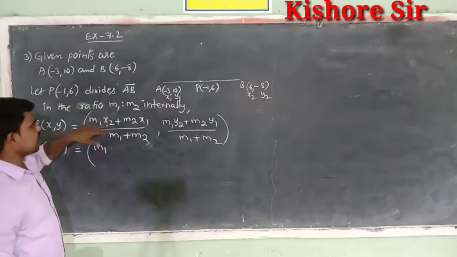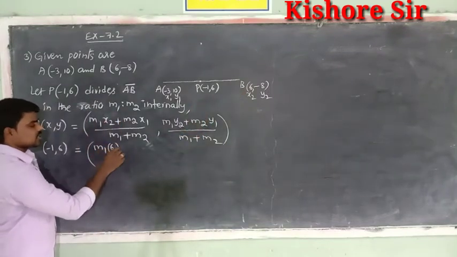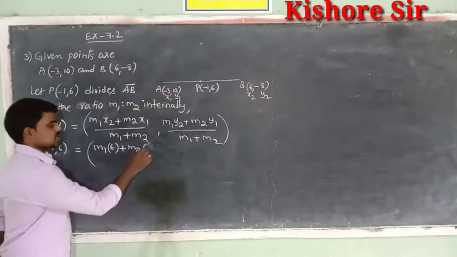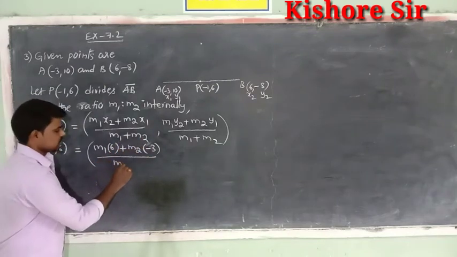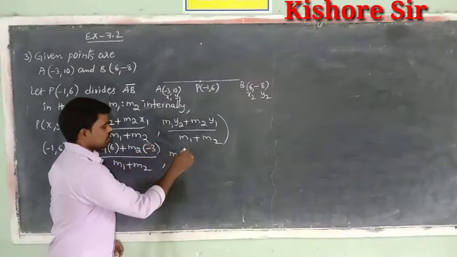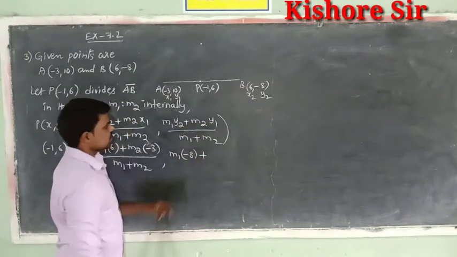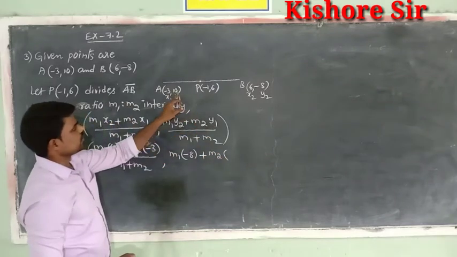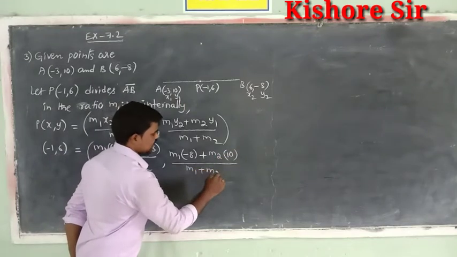So the value of x2 is 6. m1 into x2 value 6 plus m2 into the value of x1, which is -3, by m1 plus m2; m1 into y2, the value of y2 is -8, plus m2 into the value of y1, 10, by m1 plus m2.